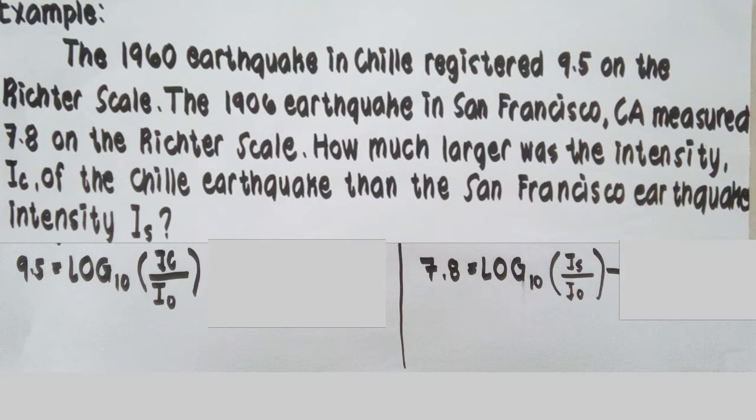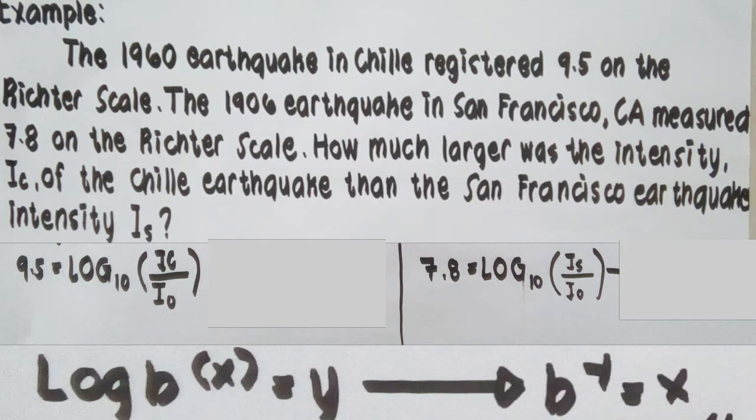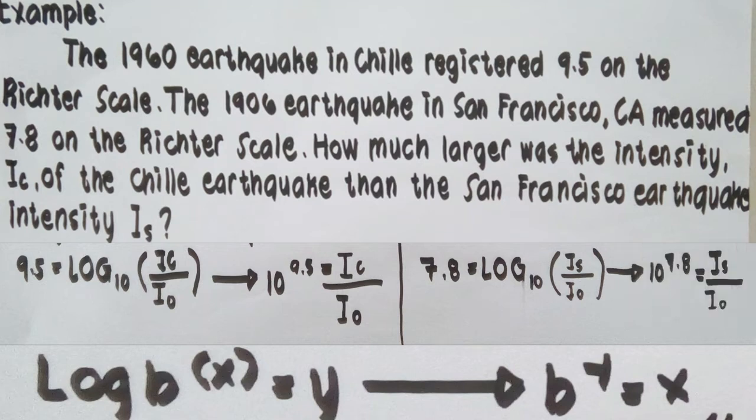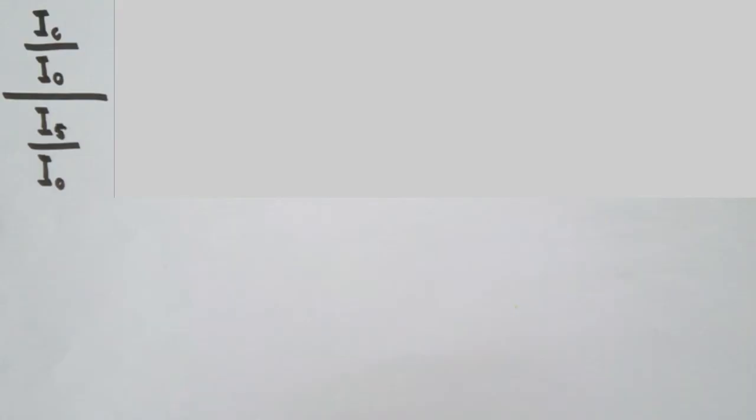The next step is to change this into exponential form. So this would be 10 to the power of 9.5 equals I sub C over I sub naught, and the other one would be 10 to the power of 7.8 equals I sub S over I sub naught.